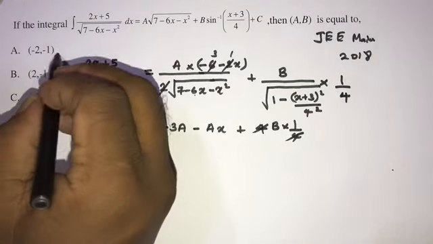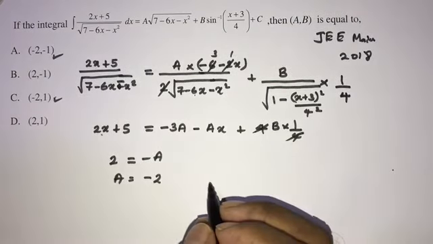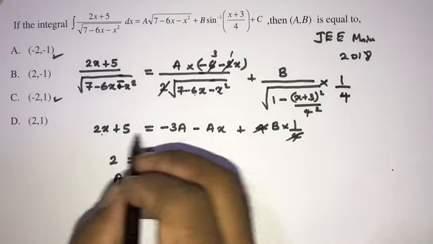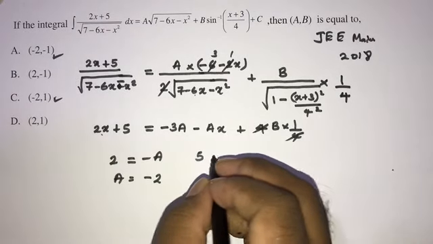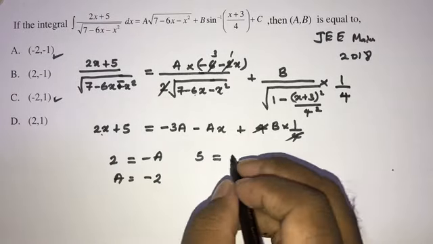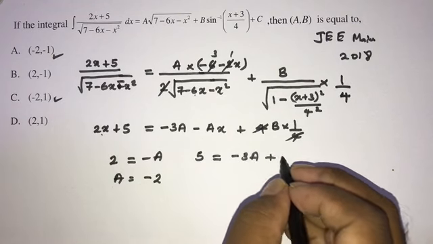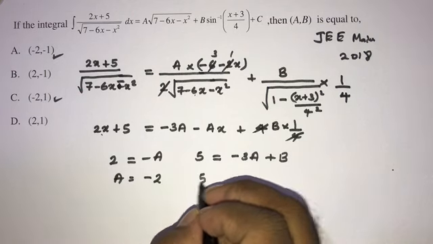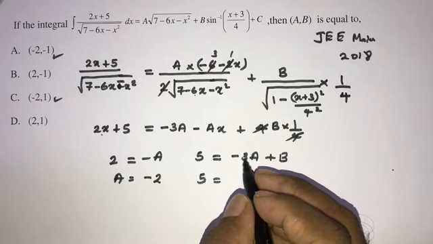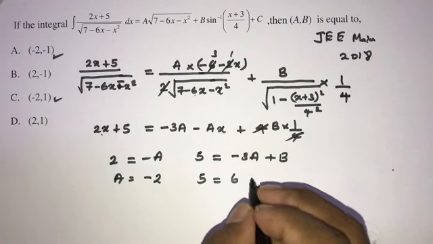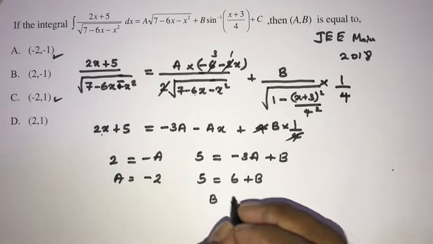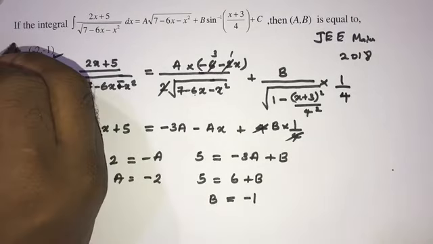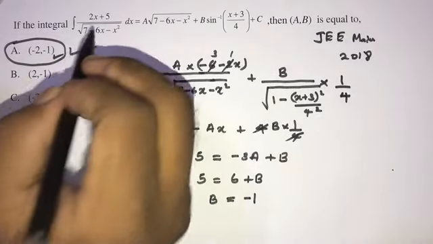Okay, now the options are A and C, and now compare the constant, so 5 is equal to minus 3 times a plus b. Now we know a is equal to minus 2, so we can write here minus 3 times minus 2, so 6 plus b. Now b is equal to minus 1. Okay, now the correct option is A.